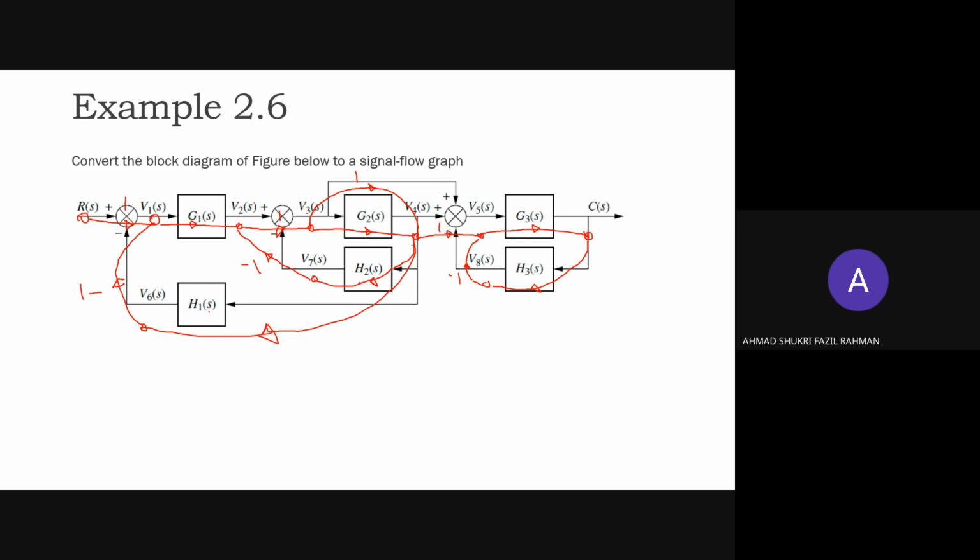If we want to make it nice: R1 to V1, V1, R, and then this is 1, and then we have G1, and then V2, and then we have V3, and then G2, and then this one V4.